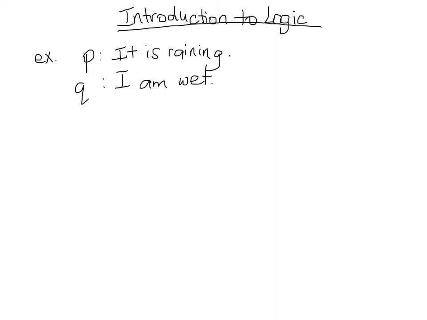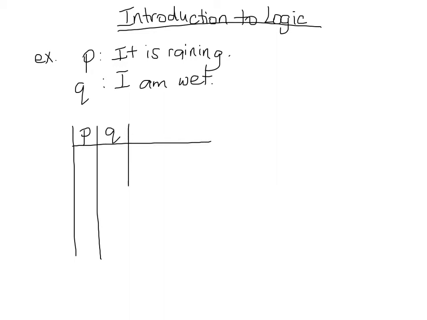So I am going to make something called a truth table. And a truth table helps us explore various combinations of these statements. So these statements, we are going to look at everything possible. So we're going to look at if they're both true, if they're both false, if one is true, if one is false, and we're going to explore these things.